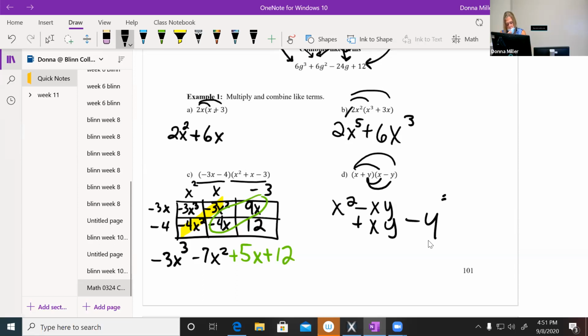If I add these up, the xy terms cancel and I get x squared minus y squared. This is called a difference of perfect squares. Next Thursday, we're going to go the other way. We're going to factor back into what it was, like x minus y times x plus y. The xy terms are always going to cancel.